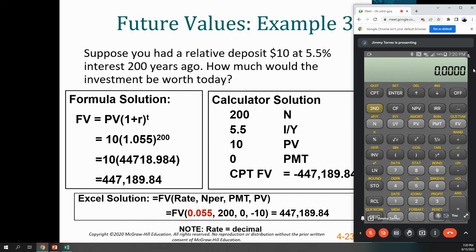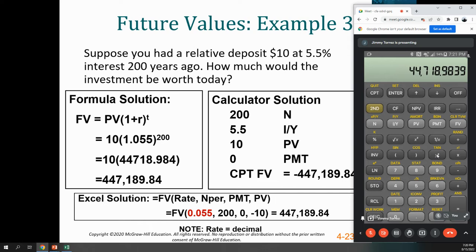So 1 plus r is 1.055, our interest rate. And I want to basically raise that to the 200 power. So 1.055 to the 200th equals 44,718.9839.